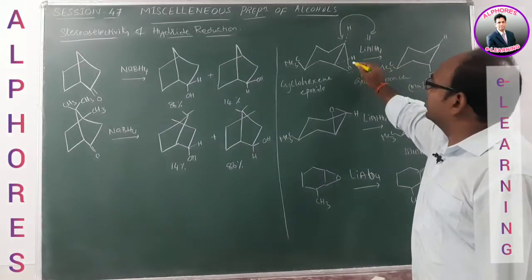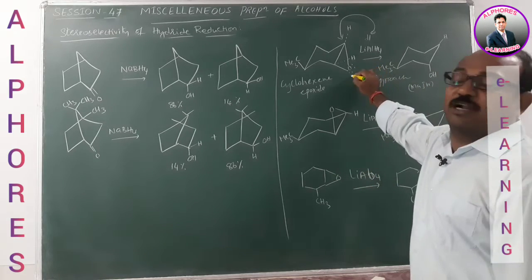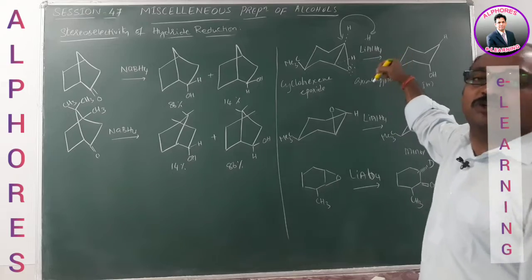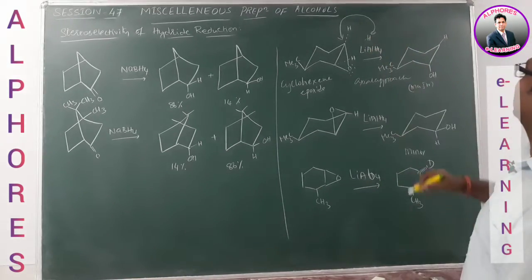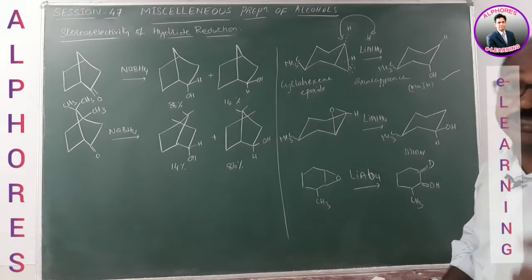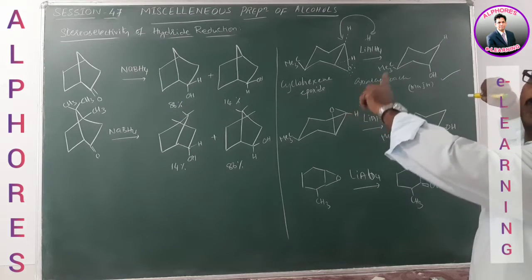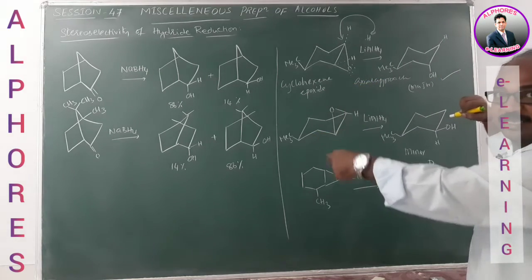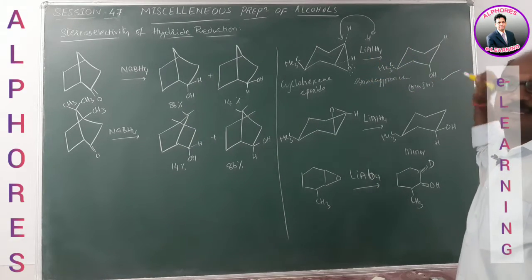Oxygen is electron rich, being more electron rich, this H minus prefers to approach the axial position. Resultant, we are getting this product as the major product. Approach axial and product also axial. See there, approach equatorial, product is equatorial. Here approach axial and product also axial.